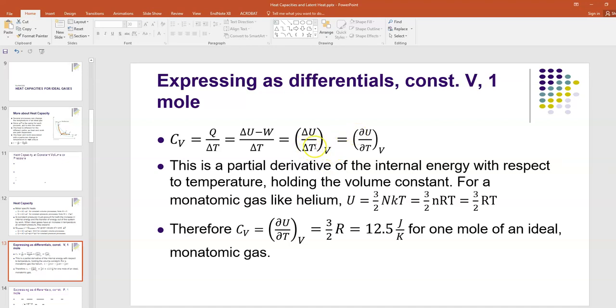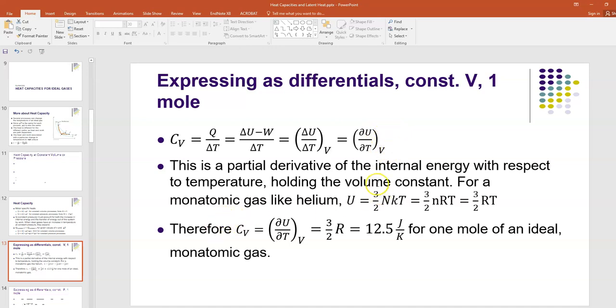Now, if we take a small ΔT, so we take the limit as ΔT goes to small values, then this ends up being the derivative of the internal energy with respect to the temperature holding volume constant. So we have partial U with respect to T holding volume constant. The partial is to take care of only the explicit dependence on temperature here and ignore any implicit changes. And remember here we're holding volume constant.